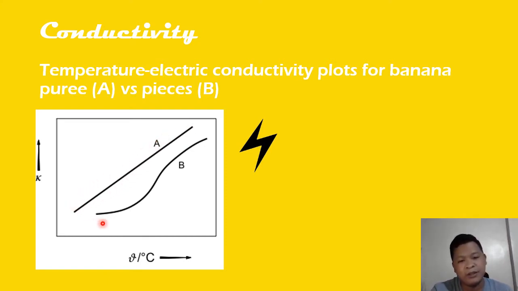Although of course we could argue na yung kakaibang shape nitong graph B for plant pieces is because as you increase the temperature, let's say na-destroy din yung mga structural components doon sa banana mo. Kaya nag-approximate bigla siya ng linear later on. Although of course, compared to the puree, kahit pareho na sila ng slope, yung pinaka-intercept nila magkaiba pa rin. And that's why may gap pa rin sila there.